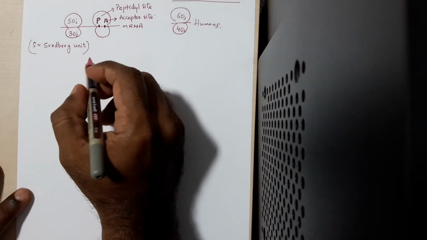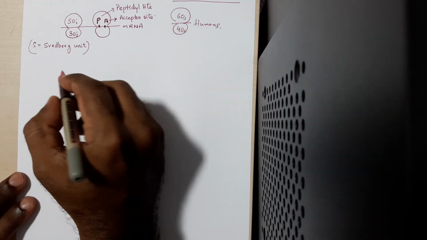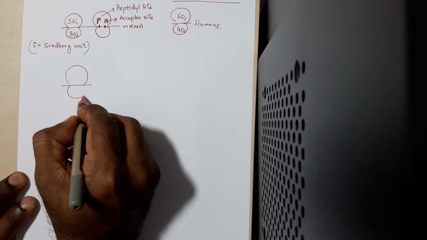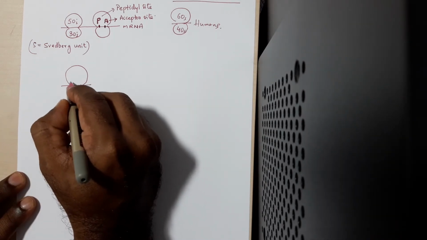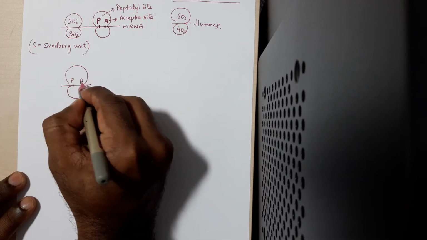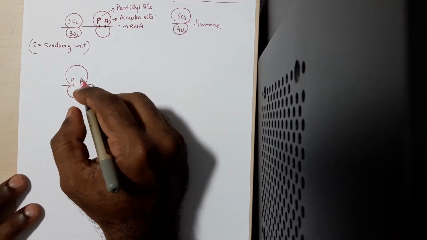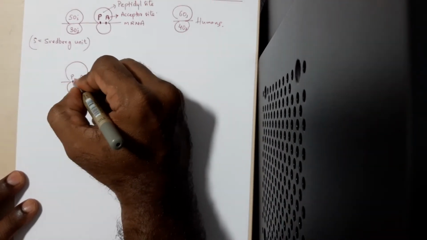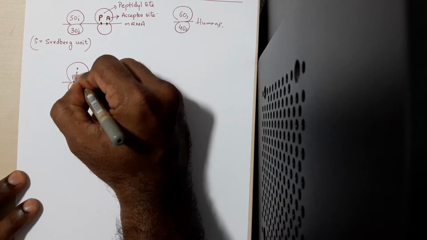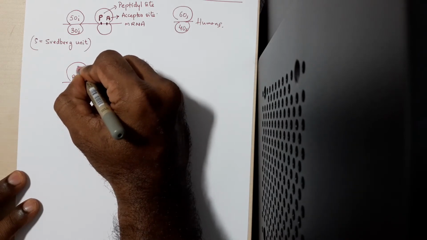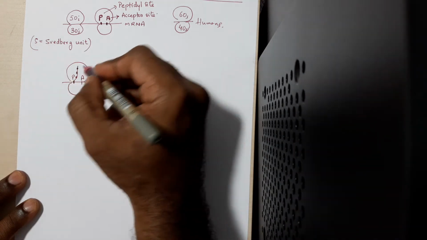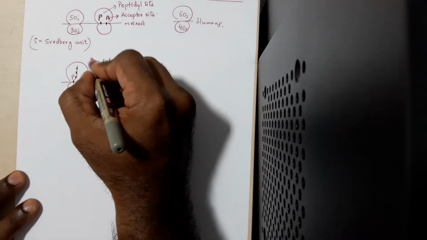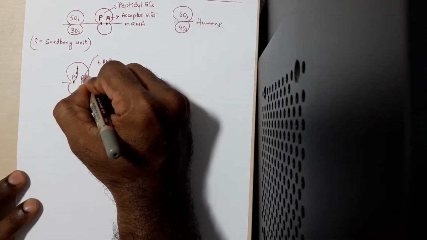Now we'll see what happens exactly during protein synthesis. This is your P site and this is your A site. For example, at the P site we will consider that there are already 3 amino acids attached. The new amino acid is brought by tRNA and gets attached at the A site.